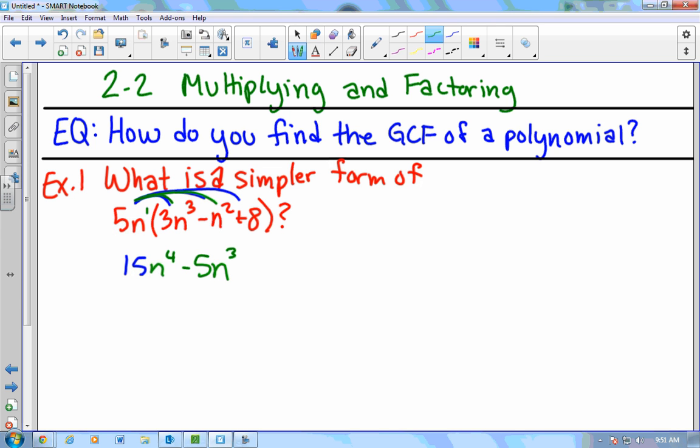So that'd be cubed. And lastly, 5n times a positive 8. There you go. And is this in standard form, guys? Yep, that's how we want them. Highest exponent 4, decreasing to 3, decreasing to n to the first power. Standard form and decreasing to. Okay?